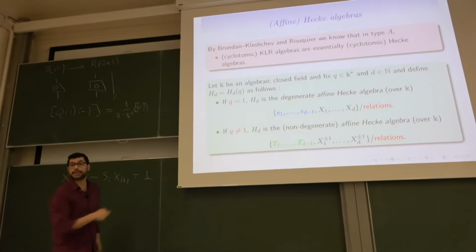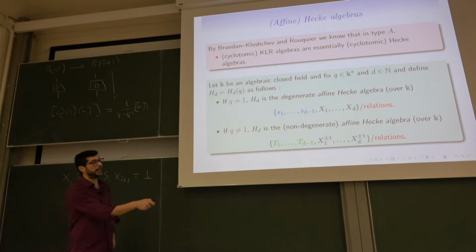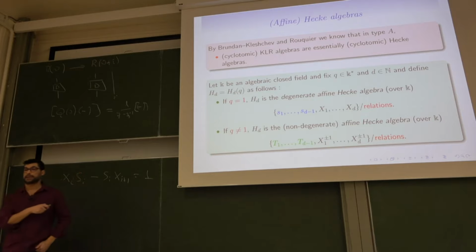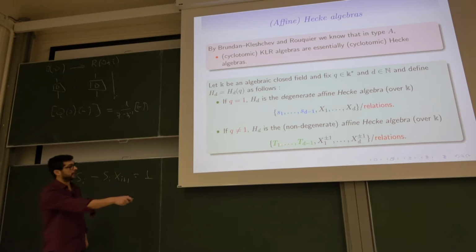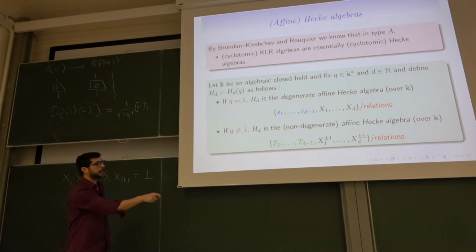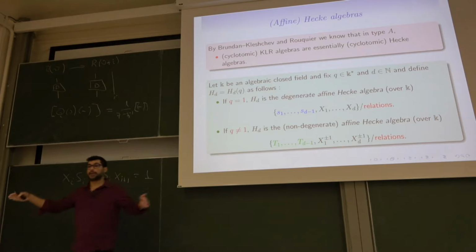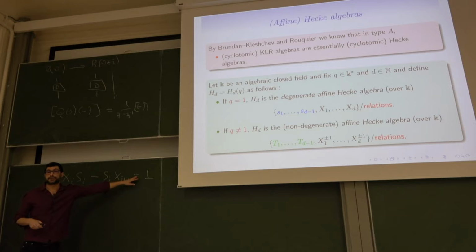If q is not 1, then we say that H_d is the non-degenerate affine Hecke algebra. This is what Katerina called the extended affine Hecke algebra in her talk. It has generators T_1 to T_{d-1}, and x's plus or minus 1, modulo relations. The relations say that the T's generate a finite dimensional Hecke algebra, so they satisfy the Hecke algebra relations. The x's form a Laurent polynomial ring, and there are some relations like this, a bit more complicated, involving q's.